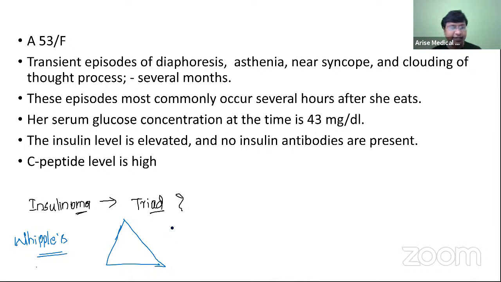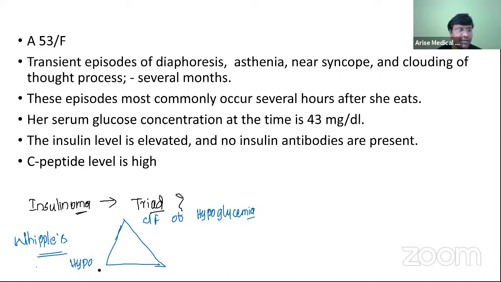What is Whipple's triad? These individuals will have the clinical features of hypoglycemia. Very good, Chandrasekharan. It is called Whipple's triad. And they will have documented hypoglycemia.